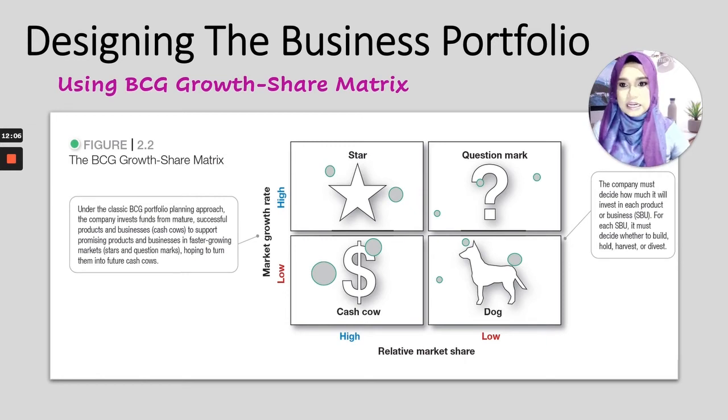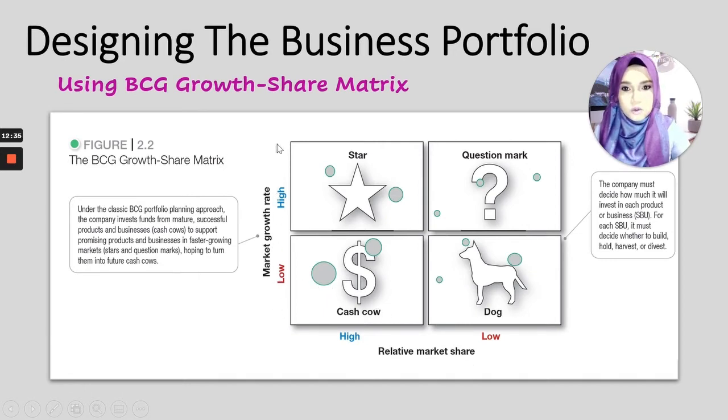So under the classic BCG approach, the company will invest funds from major successful products and businesses to support promising products and businesses in faster growing markets, and they hope to turn them into future cash cows. Now, you will see this matrix in terms of relative market share and market growth rate.